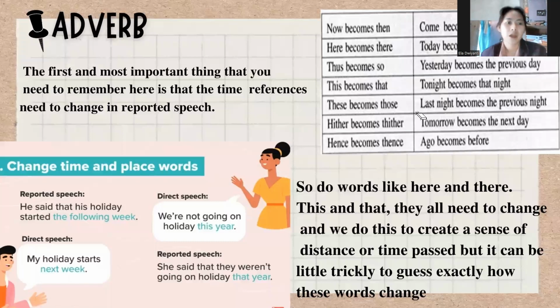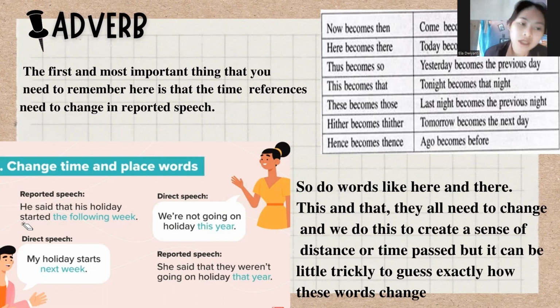Adverbs. Okay, the first and most important thing you need to remember here is that time references need to change in reported speech. Change time and place words. In direct speech, he said, look at this example: my holidays start next week. Next week is an adverb of time.